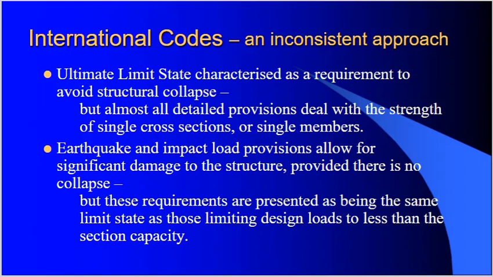They do cover earthquake and impact load provisions in some cases, particularly where the earthquake levels are high, such as in New Zealand and Japan. So there are provisions to allow for significant damage to the structure, providing there is no collapse. But those requirements are typically presented as being the same limit state as those limiting design loads to less than the section capacity.